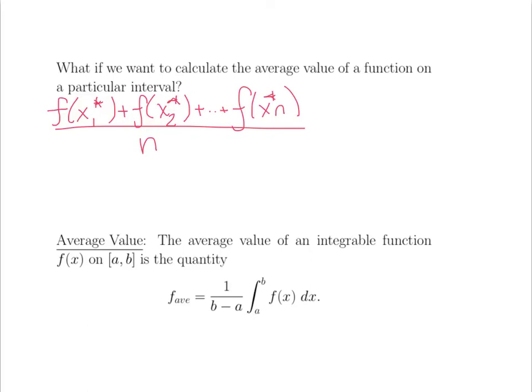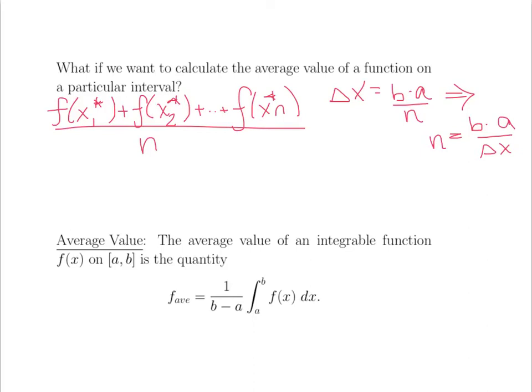And then, as a reminder, from when we were doing something over an interval, that should hopefully sound familiar when we talk about integrals. Delta x, remember, was b minus a over n, which tells us that n is really the same as b minus a divided by delta x if we solve that equation.